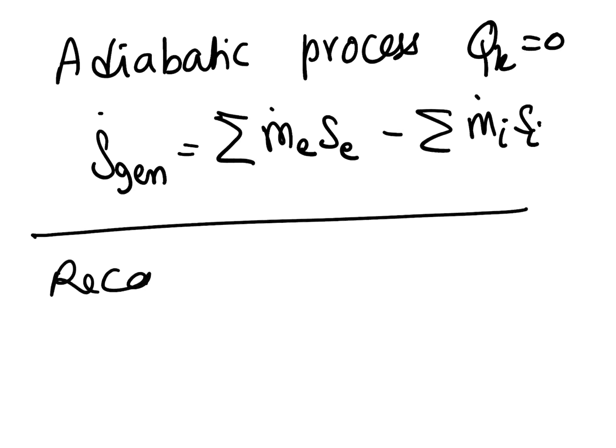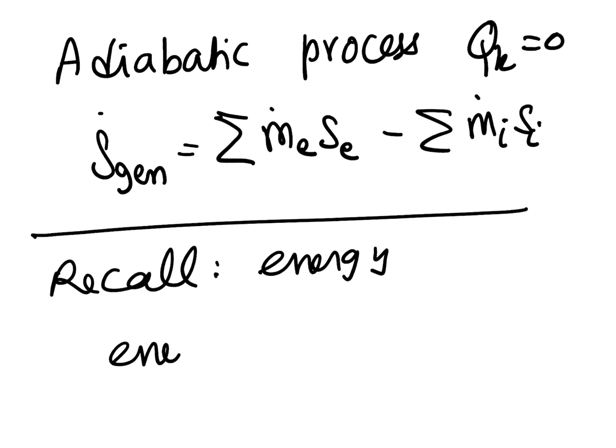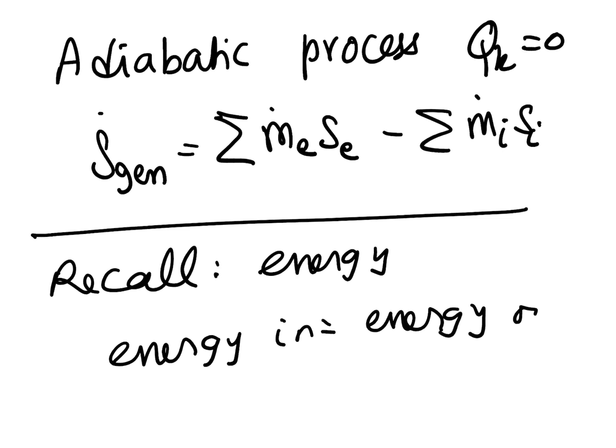Recall when we did the energy balance for a steady flow system, you would have the energy coming in and the energy leaving. For entropy, this is the entropy generation. This is not a balance. What comes in doesn't equal what leaves. For entropy, there is always generation, and this generation is equal to the difference between what goes out minus what came in.